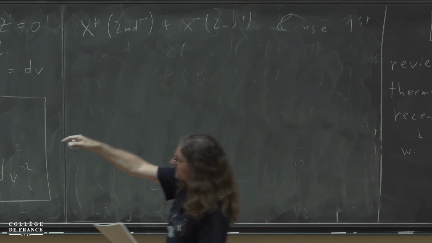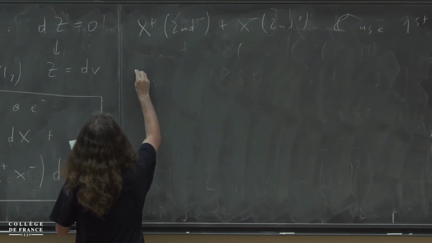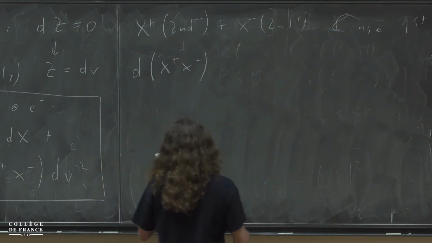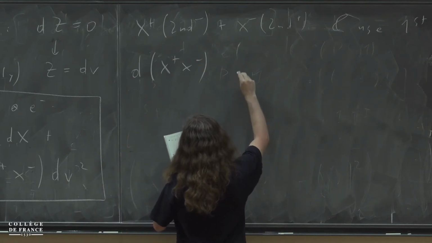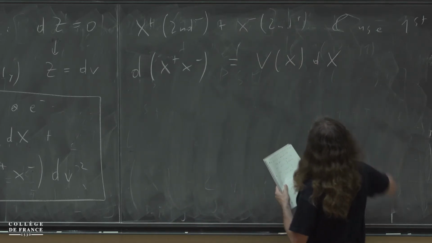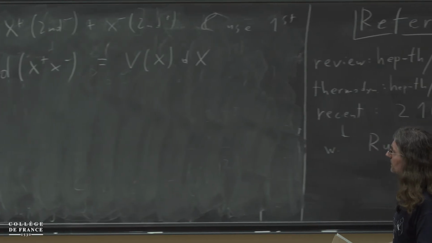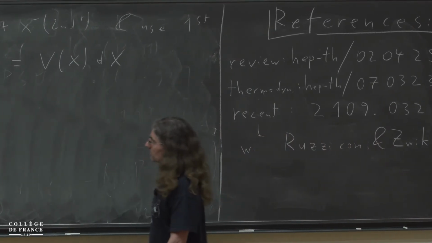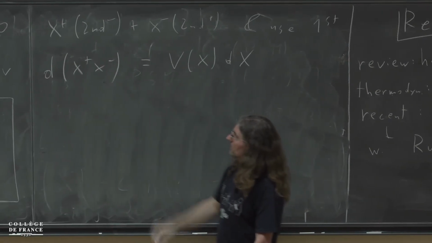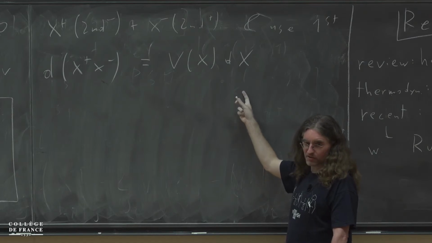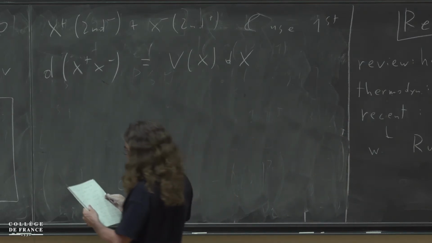If you do this, the first 3 equations turn into a simple exact differential equation, namely d of x plus x minus is v of x dx. That's our desired equation, because now we can integrate and express x plus x minus, as it turns out, just as a function of x.